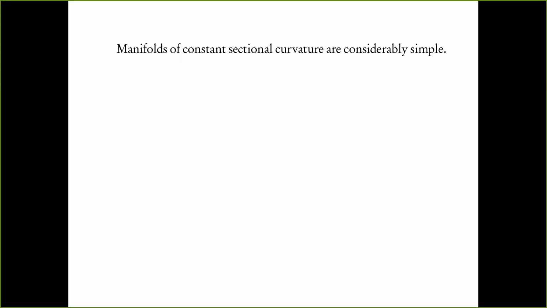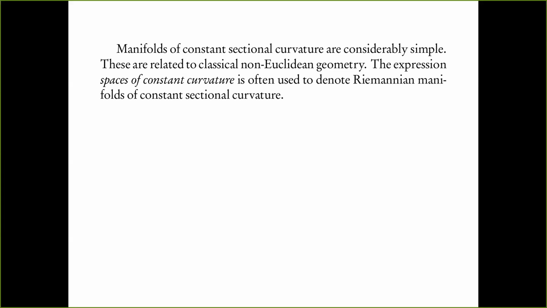As I was saying, manifolds of constant sectional curvature are important, and these are related to classical non-Euclidean geometry, as you all know by now: the geometry on the sphere, the geometry on the upper half plane, and the flat geometry. Oftentimes people use the expression spaces of constant curvature.